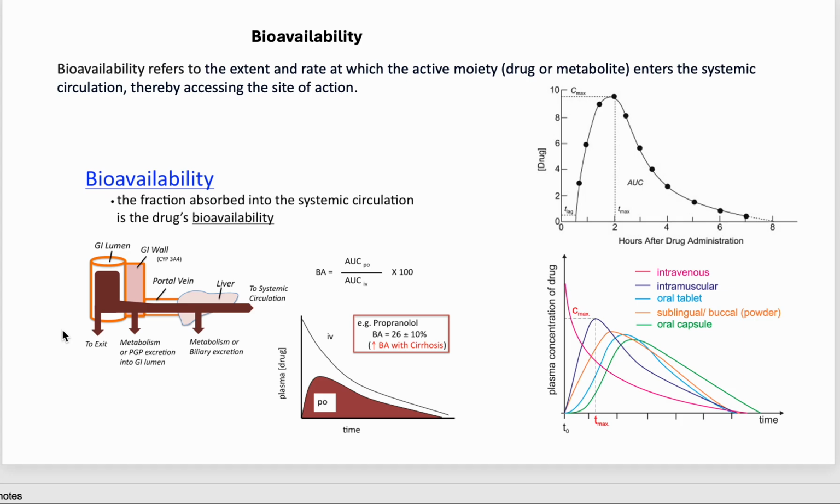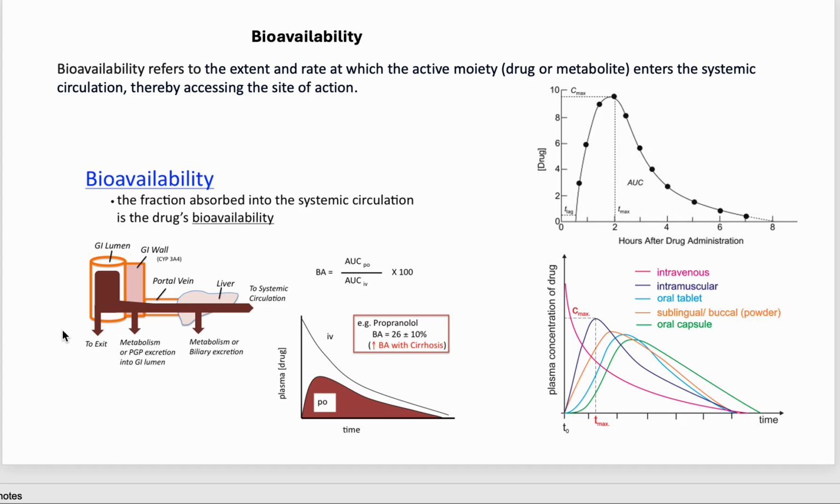That means 100%. So 20 mg was taken, and in systemic circulation you got 20 mg of the drug. So that's 100% available. But if it's just 10 mg, then it's 50%. You understand, right?